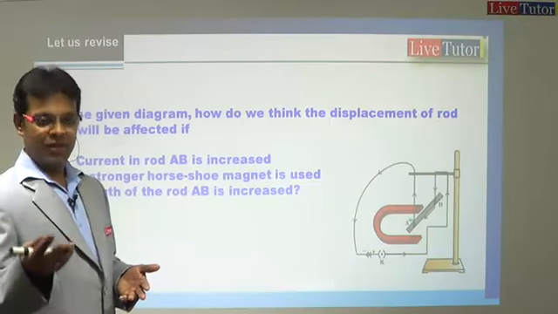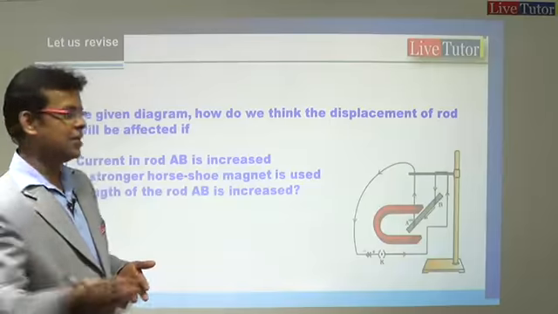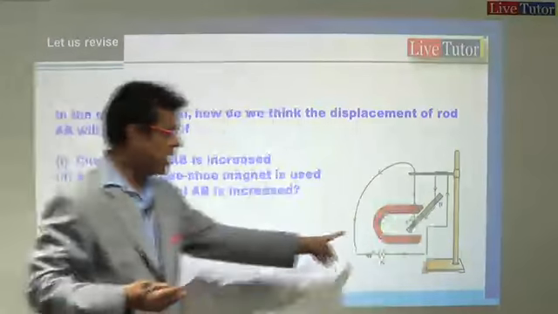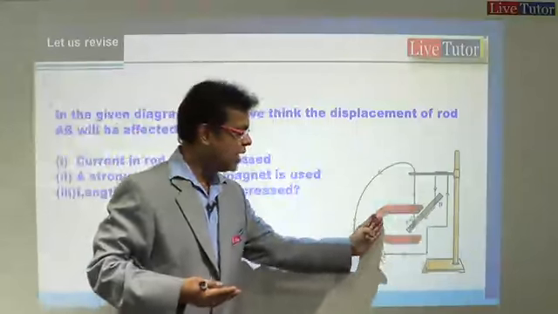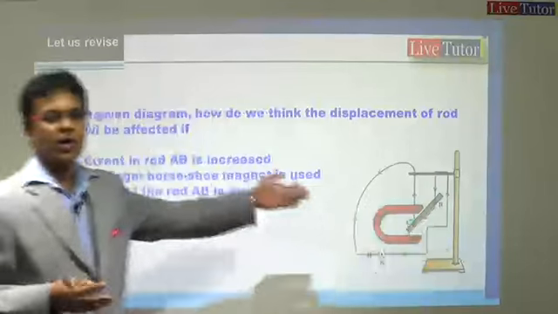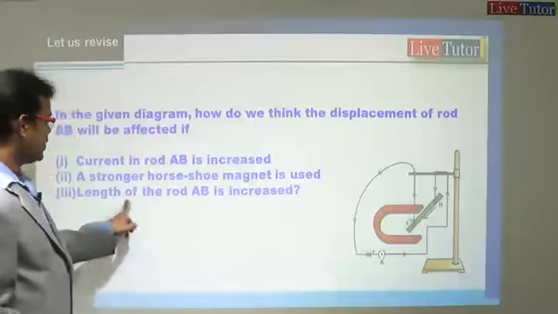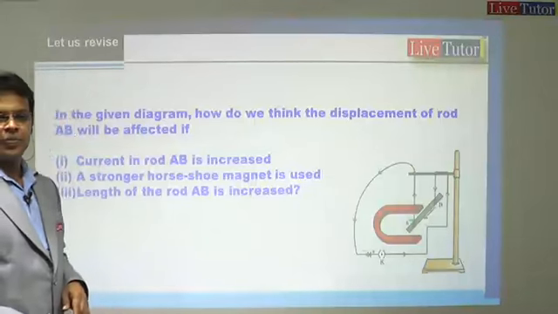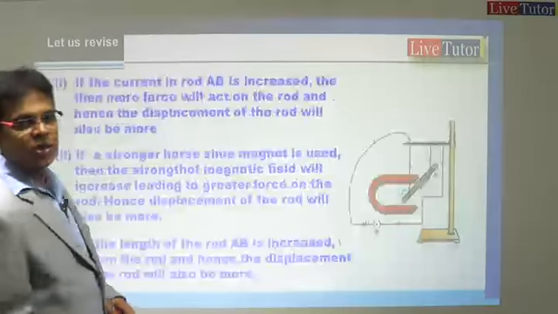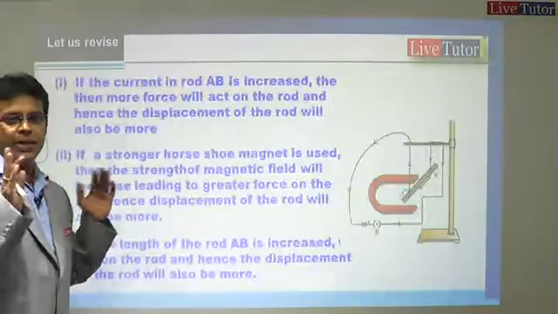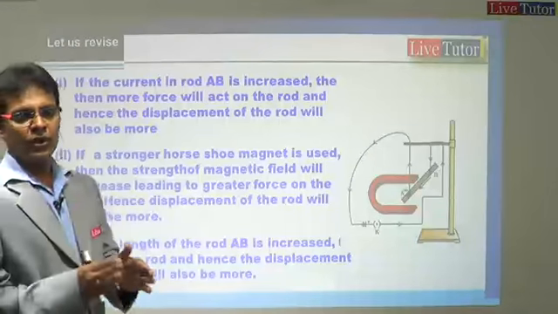More. Yes. So the force exerted by this magnet on this rod will also be more. Since the magnetic field is more, it will exert more force on the rod, so the rod will get displaced more than the previous one. The last one, the length of the rod AB is increased. Again the same condition. The third point is also similar to that. In all the three, we can say that the displacement of the rod will be more.